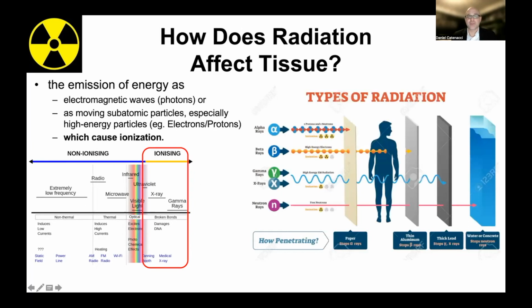The different types of radiation are important to consider because different wavelengths or properties have different characteristics in penetrating our tissues. Shorter wavelength radiation can penetrate further through our tissue, and that's a principle just to understand.